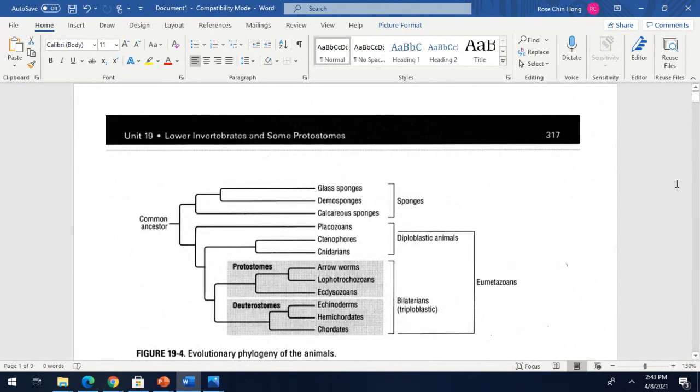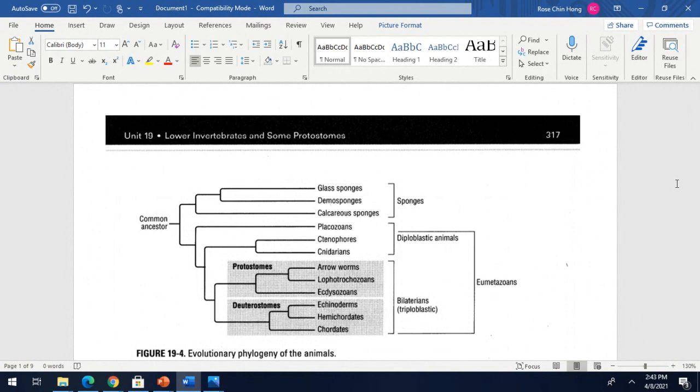Okay, so this is the phylogeny of the animals that we started to talk about: what's classified as animals, the characteristics, and of course the kind of coelom it has, and determining whether it's a diploblastic or triploblastic animal.